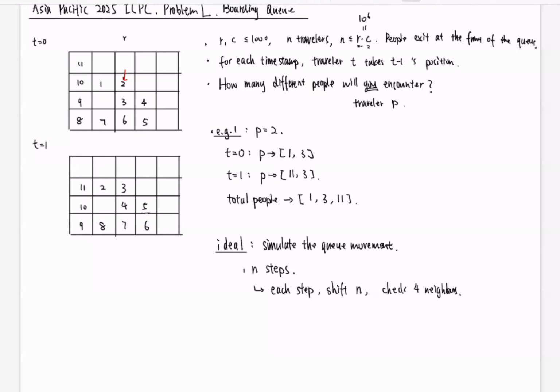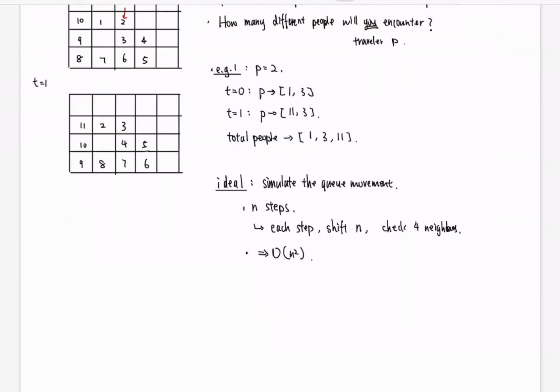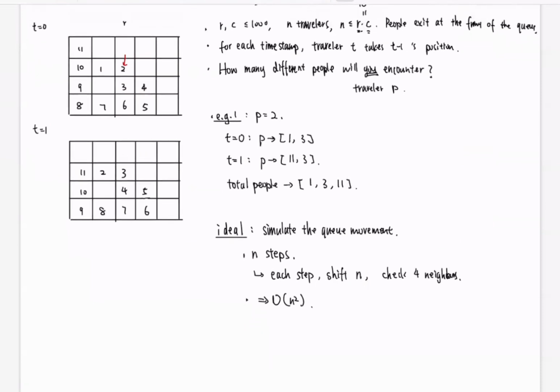If we shift 2 forward, we shift 3, 4, 5, which results in n shifts. So the time complexity is O(n squared). That's correct, so the first idea is out of the limit of the time complexity.